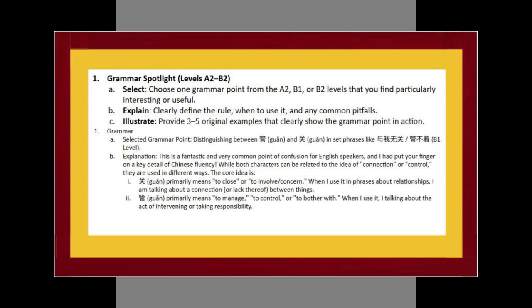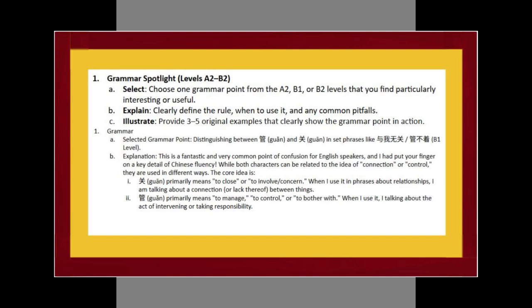While both characters can be related to the idea of connection or control, they are used in different ways. The core idea is that 关 primarily means to close or to involve concern.